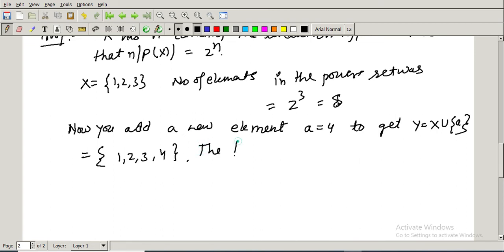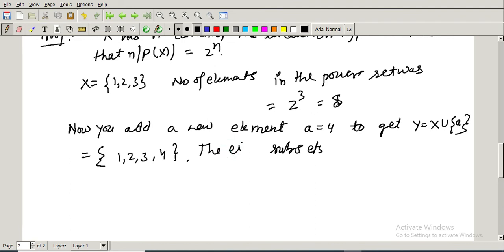So the 4 subsets, not 4 but 8 subsets, right? 8 subsets, because we have just seen that we have 8 subsets of x.